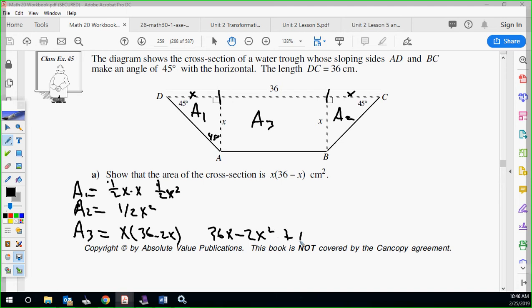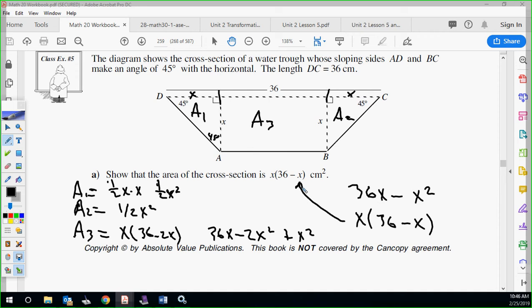So we add an x squared, and then you can see the like terms here. Negative 2x squared plus x squared makes it 36x minus x squared. Then we can pull the x out, and you can see we get what they told us we would get. So that's the area of the whole trough, 36 minus x times x.